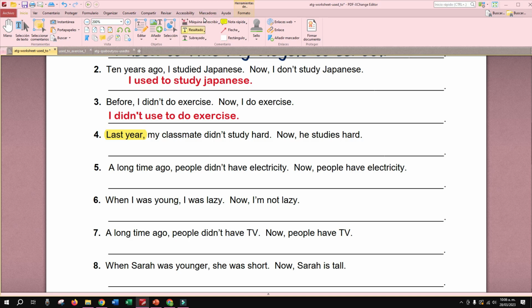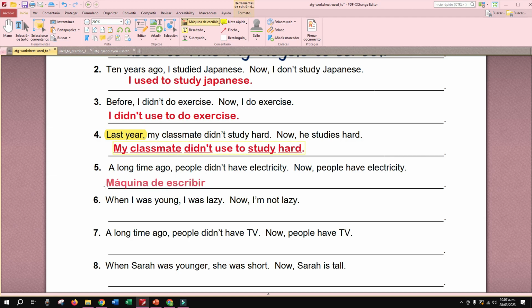So we can say, my classmate didn't or did not, right? Didn't study hard. Oh, didn't used to study hard. My classmate didn't used to study hard. So that would be that one.